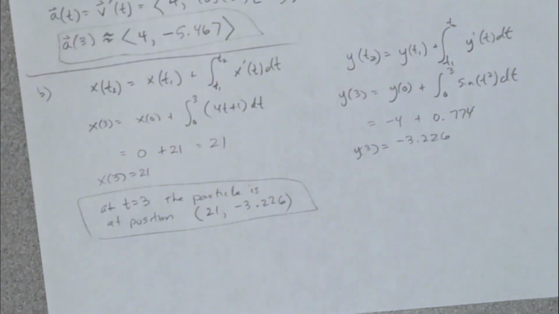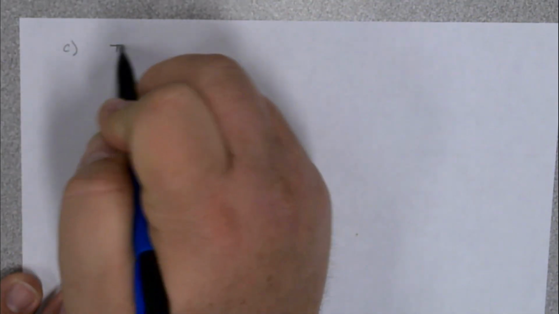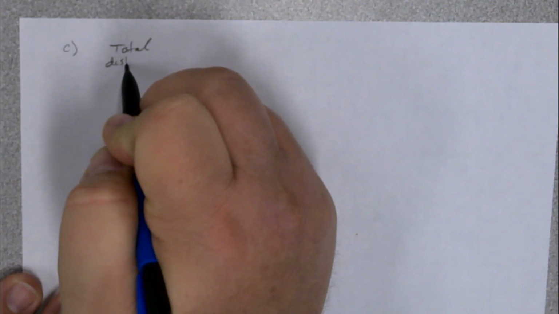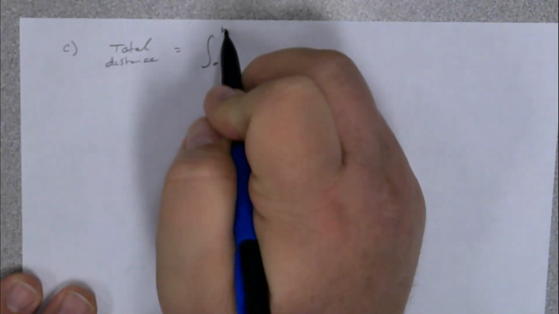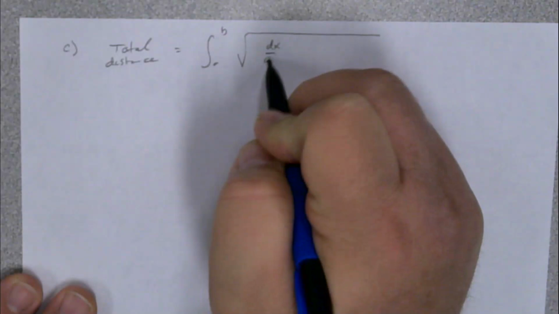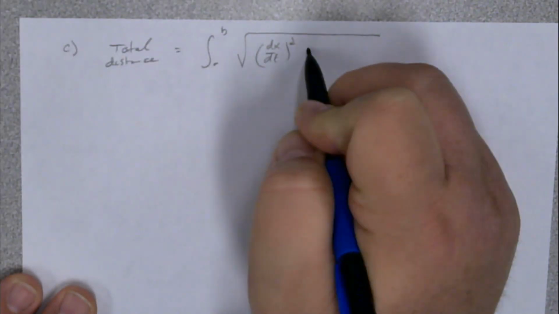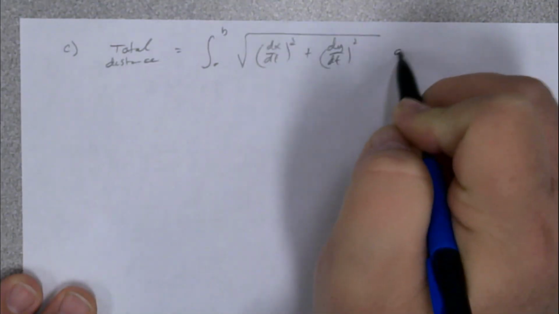Okay? I'm going to have to flip this one over, so let's do the total distance. So part C, total distance is the formula from a to b in this big square root thing. Remember, the integral of the square root of dx dt squared plus dy dt squared, dt.